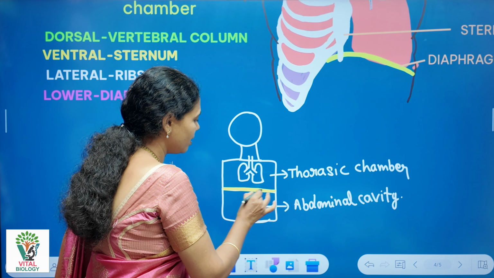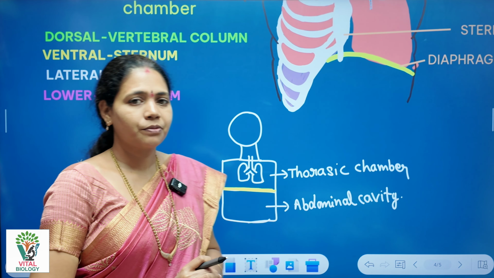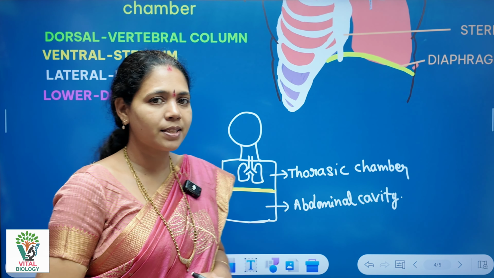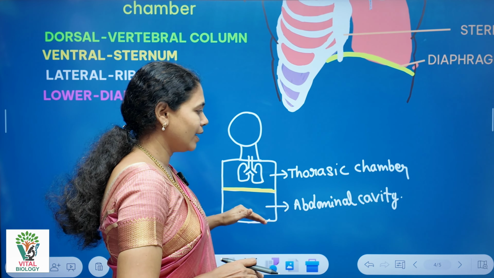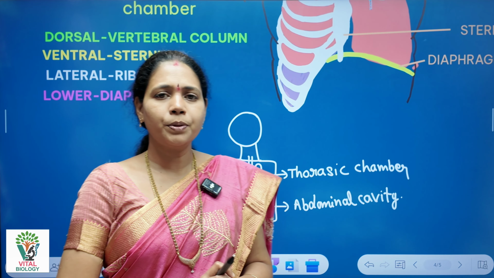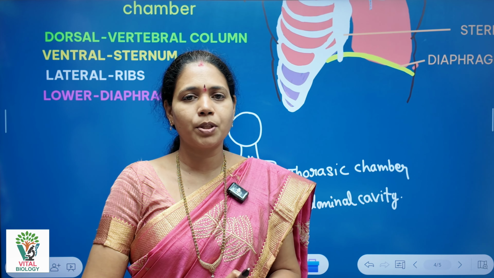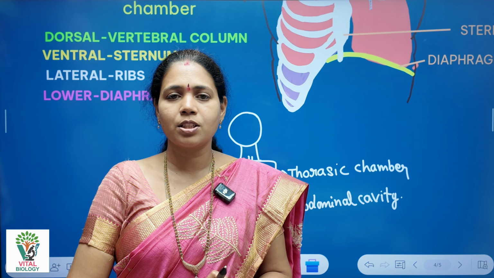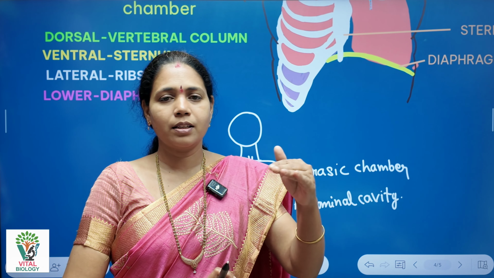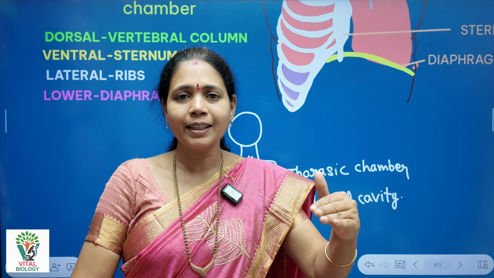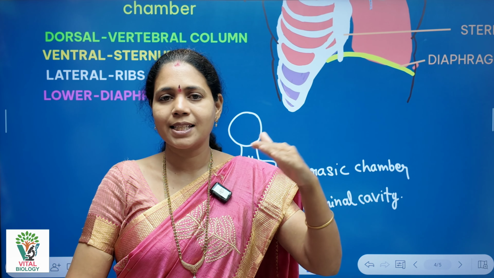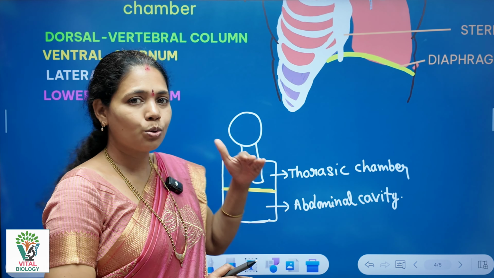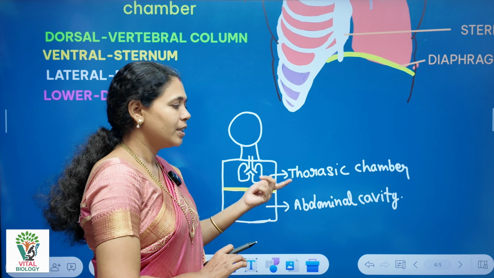Many times they have asked about this structure which divides the body cavity into the upper thoracic and the lower abdominal. That structure is the diaphragm.